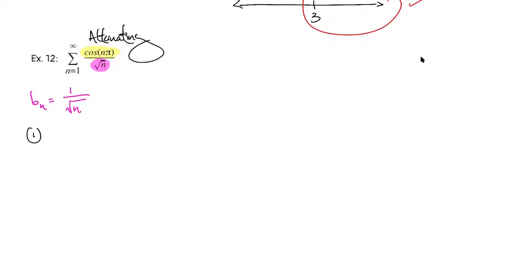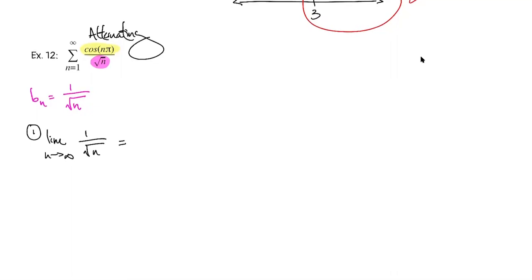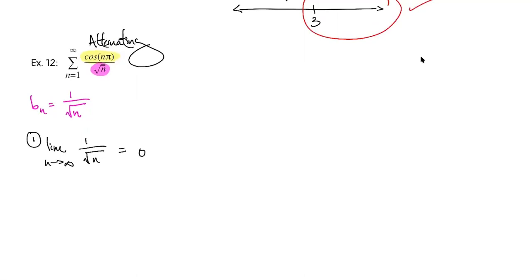And so let's go ahead and do the first part of the alternating series test. When we substitute in infinity over here, the denominator is going to overpower the numerator. So we'll get a 0. That means we can continue on to this.